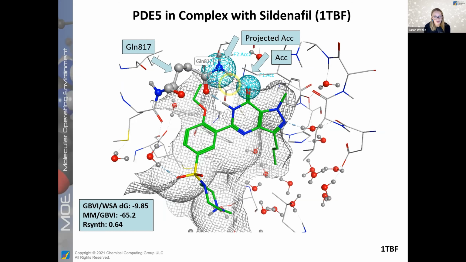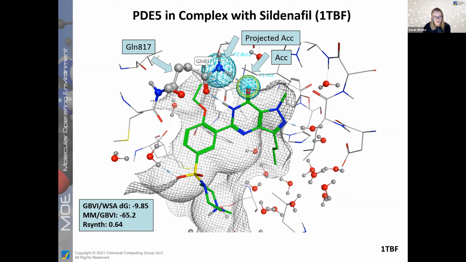Now, when we start transforming sildenafil, these hydrogen bonds are very important, and I want to maintain at least one of them in my transformed molecules. And the way that we do that when we run molecular transformations is that we add something called a pharmacophore. And you'll see that I've added in two features in my pharmacophore. I've added in one sphere around the carbonyl oxygen, which has the type of acceptor. What that tells the program is I want to find a hydrogen bond acceptor within that sphere.